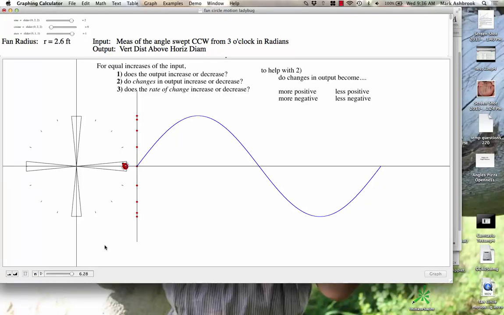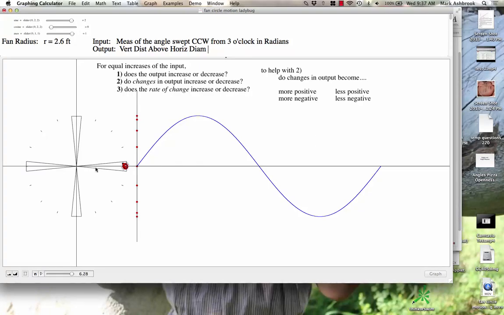But first I want to use a different unit of measure that's more universal for all circles. What unit of measure would make sense for all circles? Radius. Radius lengths, right? Radians is angle, but we can talk about radius lengths. What is the maximum number of radius lengths for a vertical distance?